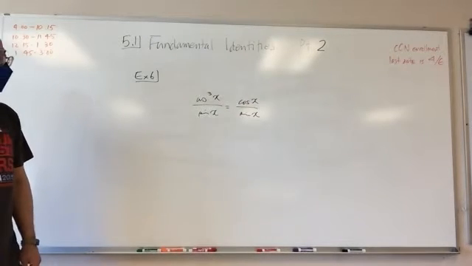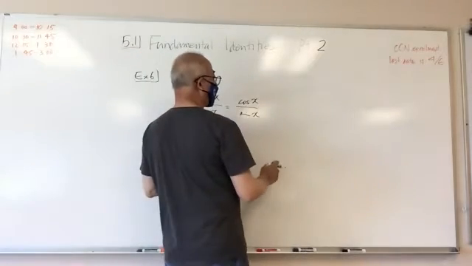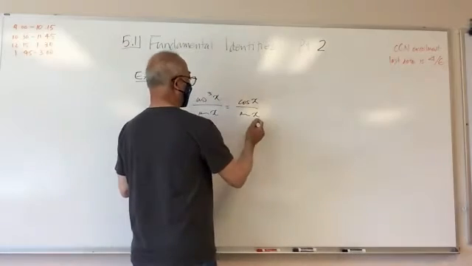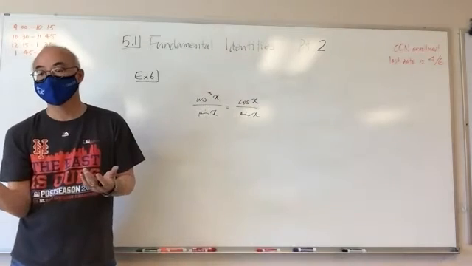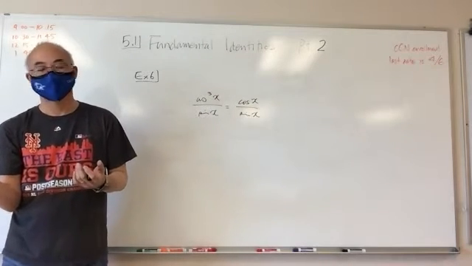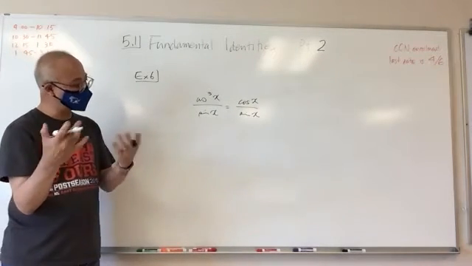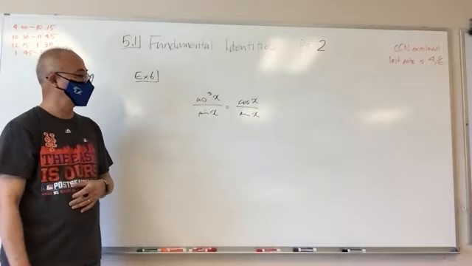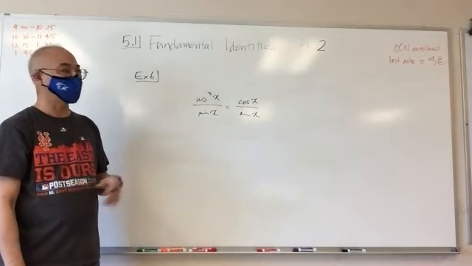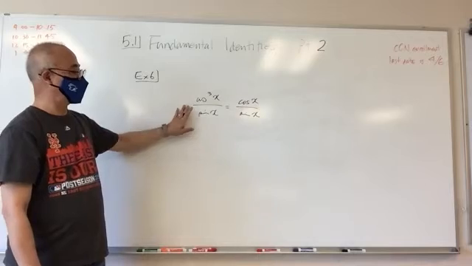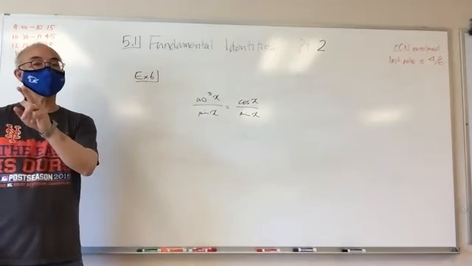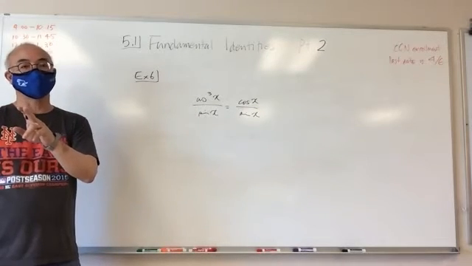Okay, so what do we have? What can I do next? I can cross multiply. What else can I do? Multiply both sides by sine x. Yeah, can I just multiply both sides by sine x? If you want. So now realize when you're doing that, what are you assuming?